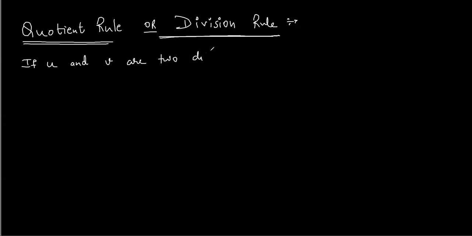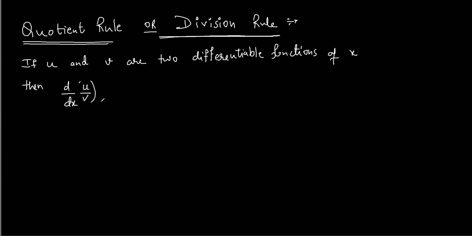are two differentiable functions of x, then d by dx of u upon v.